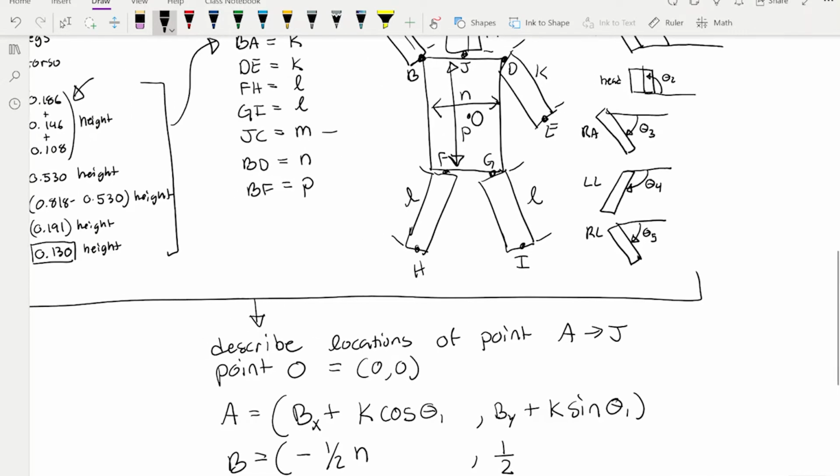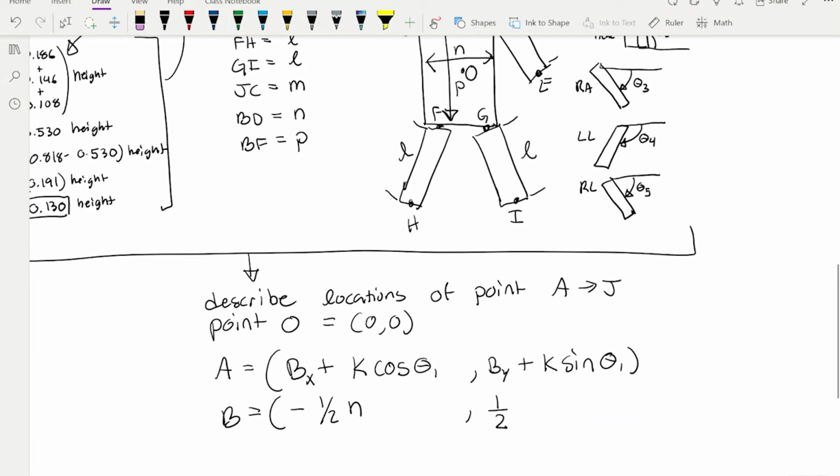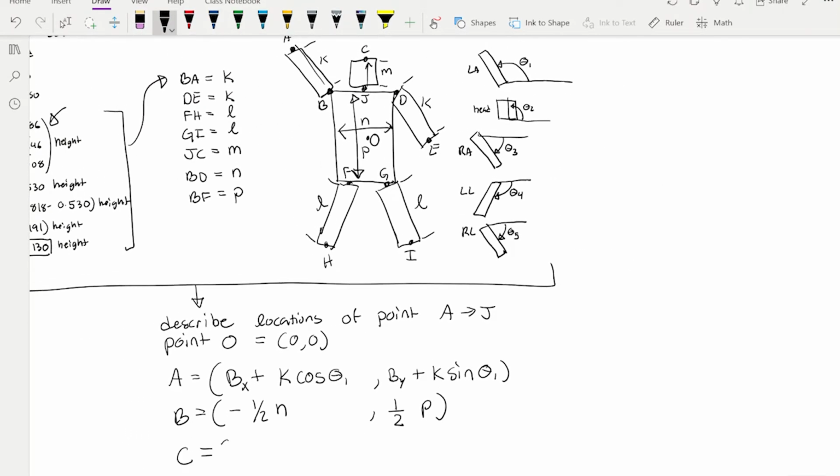No, that's not N, that's P, BF, right? So the length of the torso, BF, is P, so that's 1/2 P in the Y. C, that is point J, so JX plus M cosine theta 2, JY plus M sine theta 2.